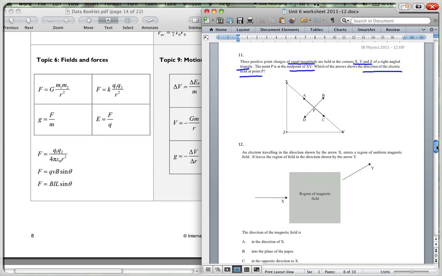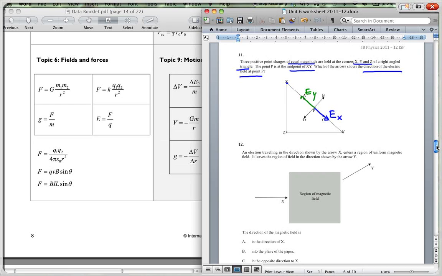Now, so we've got x, y, and z. Because these are positive, the electric field is going to be outward. So C, this direction, would be the electric field due to x, and this one over here would be the electric field due to y.